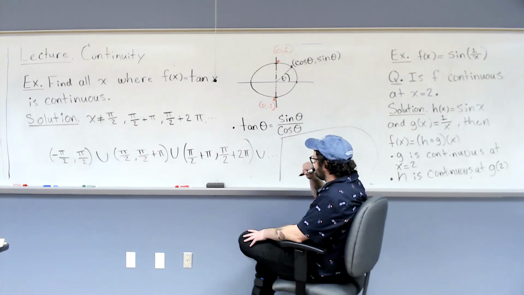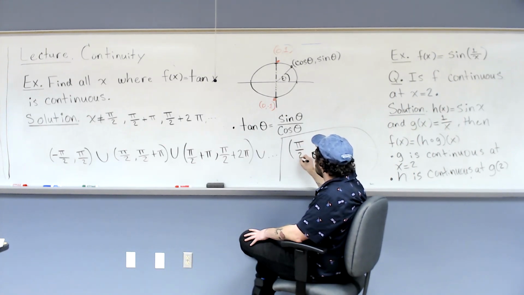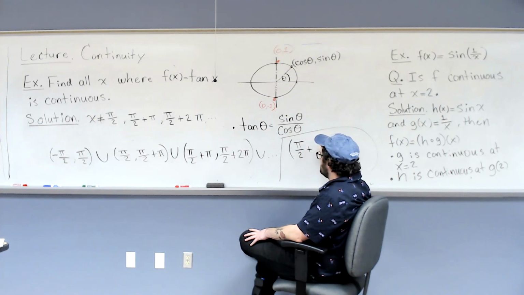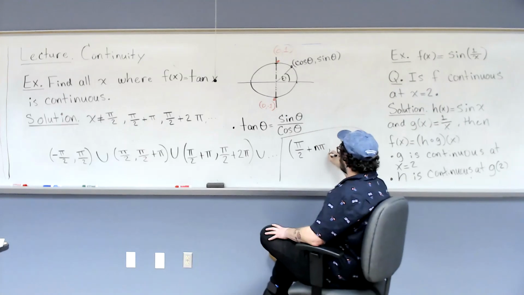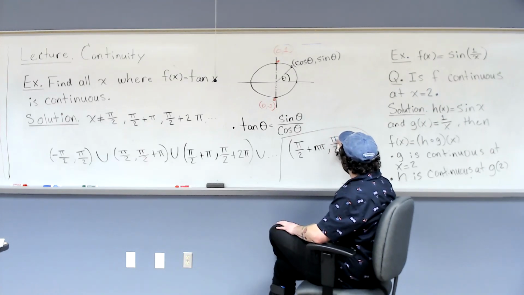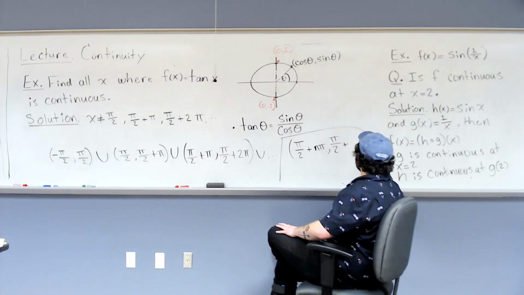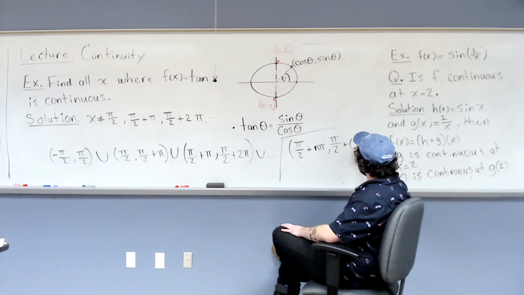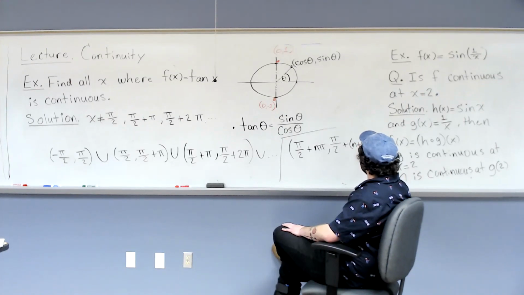What about pi over 2 plus n times pi, comma, pi over 2 plus n plus 1 times pi.